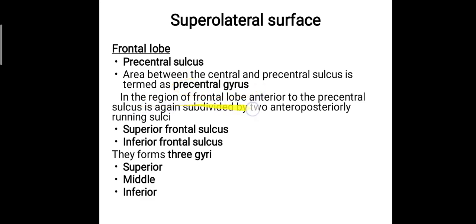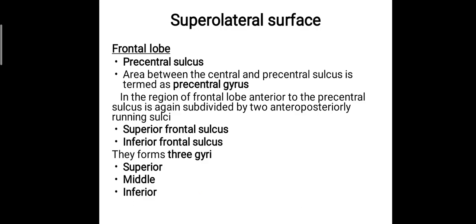The region of the frontal lobe anterior to the precentral sulcus is again subdivided by two anteroposteriorly running sulci, the superior frontal sulcus and the inferior frontal sulcus respectively. These sulci divide the area in front of the precentral sulcus into three parts: the superior frontal gyrus, the middle frontal gyrus, and the inferior frontal gyrus.